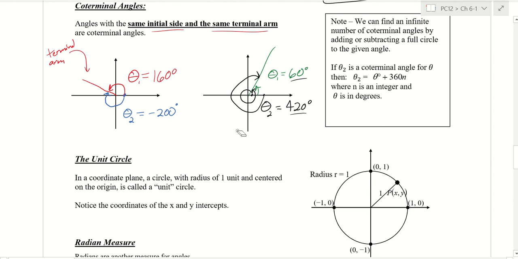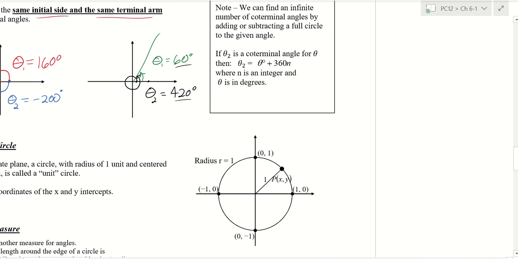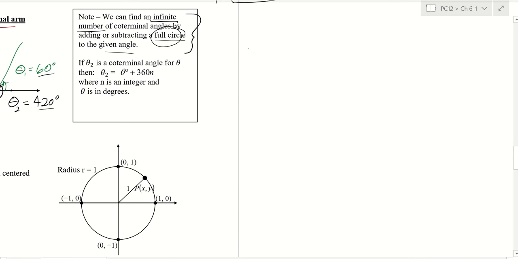So we've got all of these different ways to get coterminal angles, and we can say in general that we can find an infinite number of coterminal angles simply by adding or subtracting a full revolution or a full circle to some given angle. So let's say we have theta 1, which is some angle in standard position.